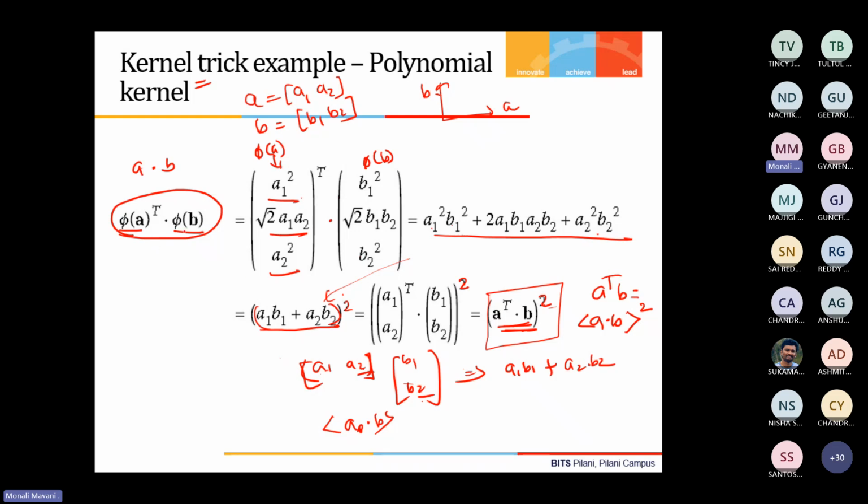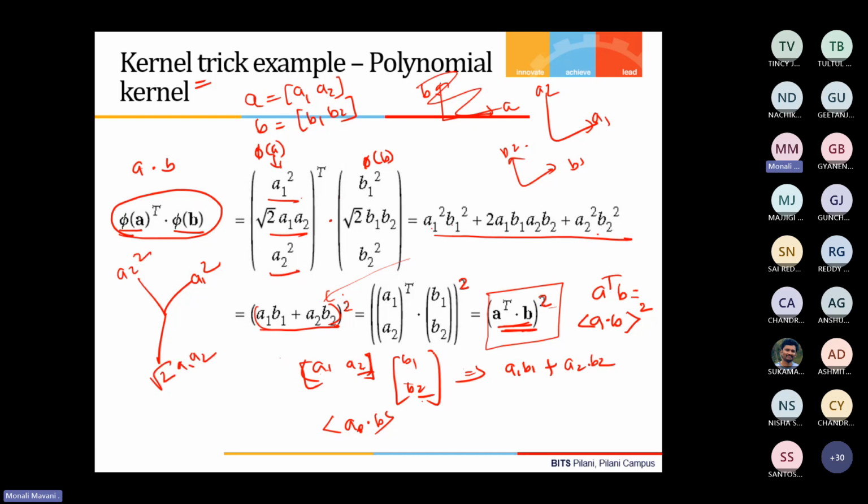From 2-dimension, we are going to 3-dimension. How are we transforming individual features A and B, individual features A1, A2 and B1, B2? Oh, this is wrong, I should write A1, A2, and we have B1, B2. Each of these we are transforming into high dimensional space: A1 square, A2 square, and root of 2 A1 A2.